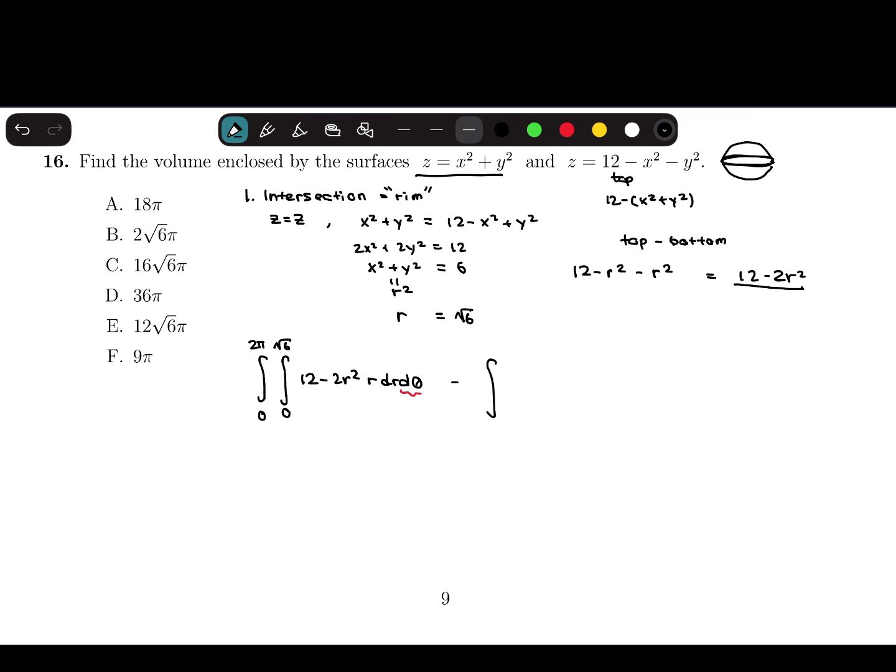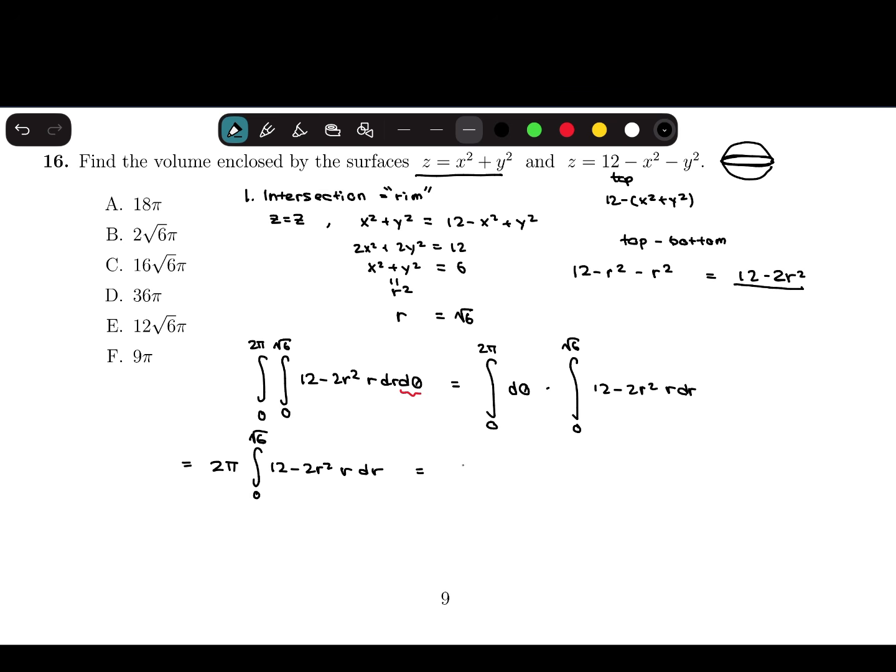Now you just have the integral from 0 to 2 pi of d theta times the integral from 0 to square root of 6 of 12 minus 2r squared, r dr. Because the d theta integral is just 2 pi, all you have to think about is 2 pi times the integral from 0 to square root of 6 of 12 minus 2r squared, r dr. So that's a little trick you can do at the very start just to make life a little bit easier and not have to look at all those integrand parts.